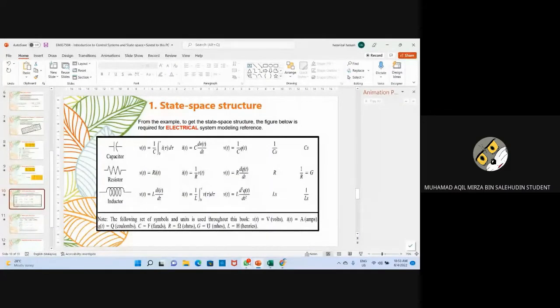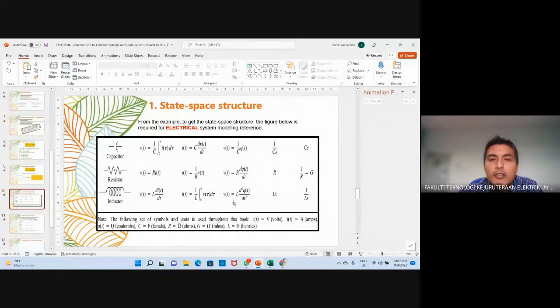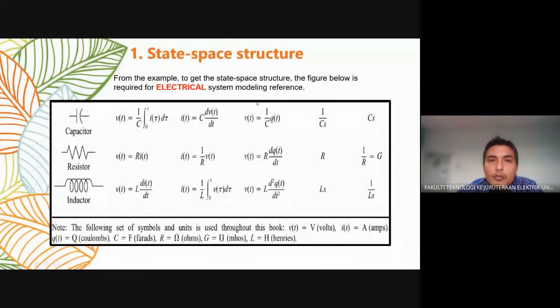Only those two? Yes, the answer is only those two. That's correct. So it means that for you to do the modeling for the electrical system, you just need to refer to these two columns only. Although you have about five columns here, you just need to focus on these two columns.